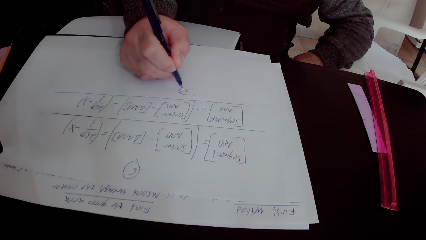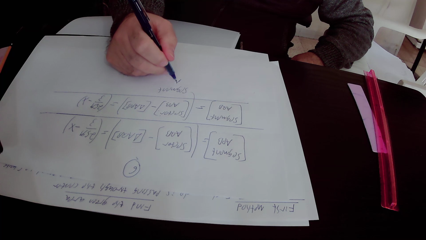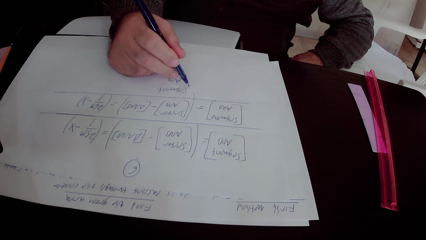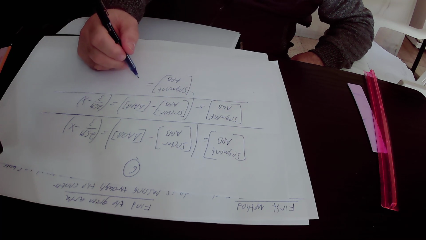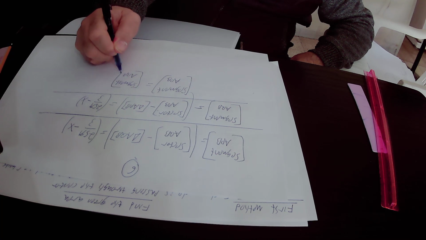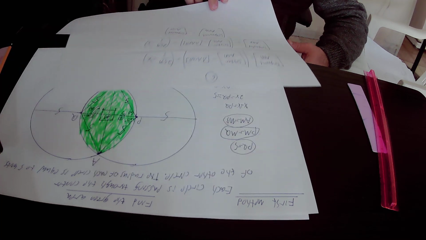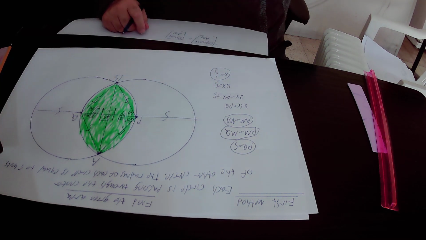Okay, the area of segment APB equals the area of segment AQB.